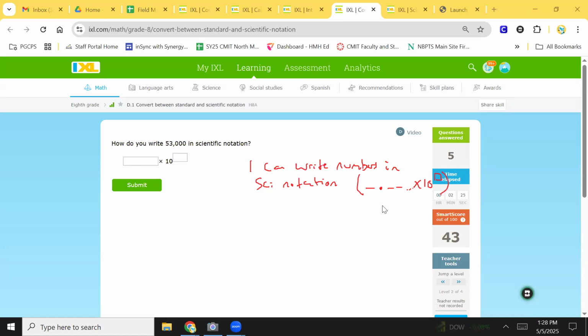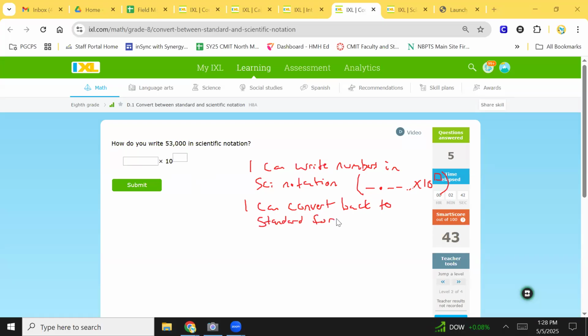So that's scientific notation. I can convert back to standard form.